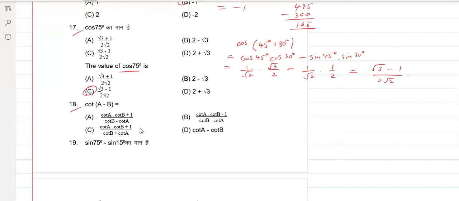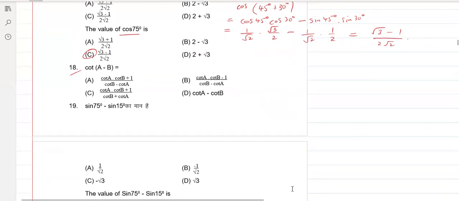Question number 18. Cot of A minus B. Interesting question here, guys. Cot of A minus B. So what we have here, right, question number 19, guys.